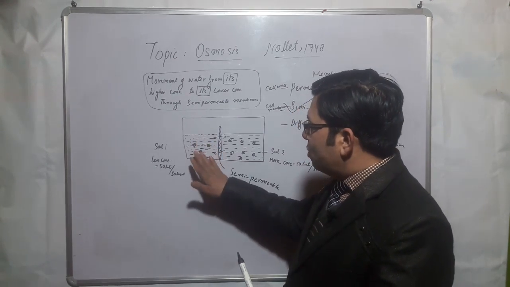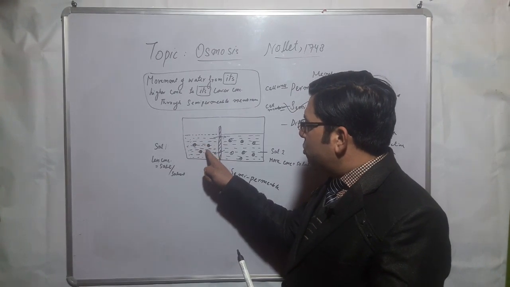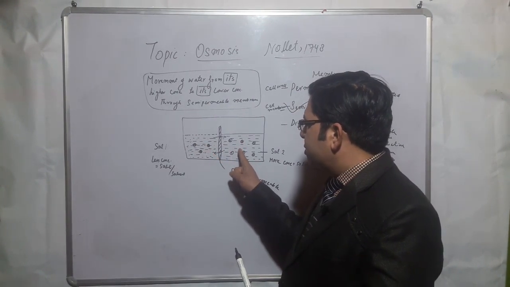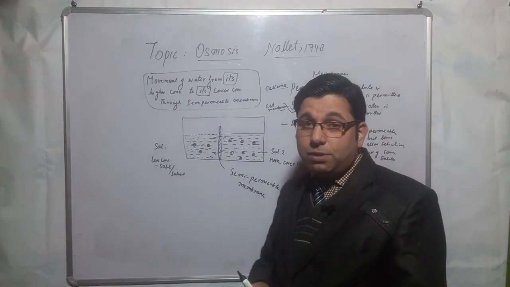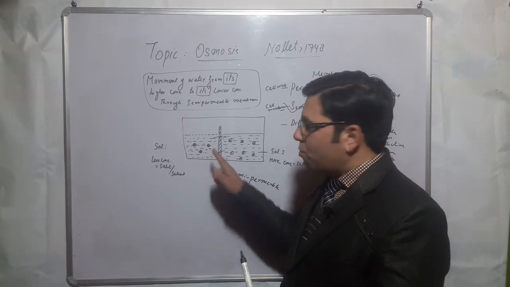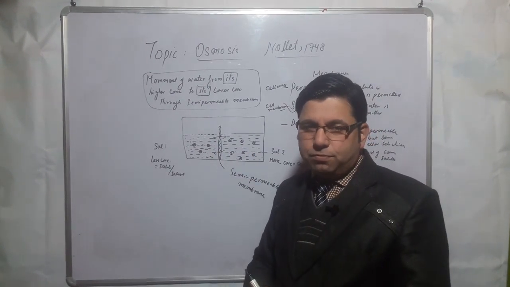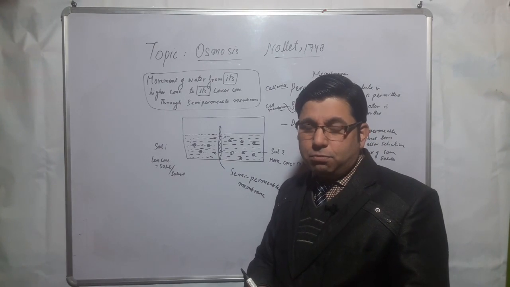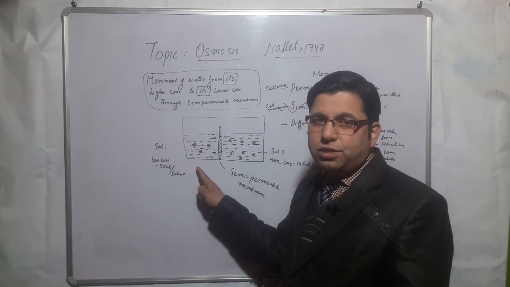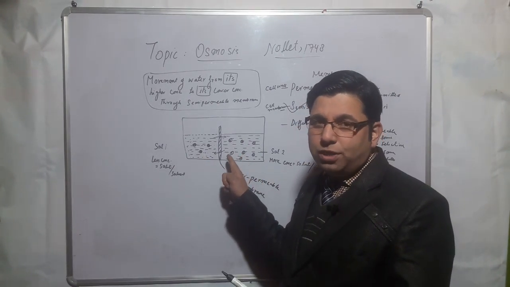Since this solution has less solute, the water can move from this solution towards this, because this is a more concentrated solution, its water is not available, it cannot move. So this has more water concentration, this has less water concentration. Please don't confuse, this has more water concentration and less solute concentration, this has less water concentration and more solute concentration.